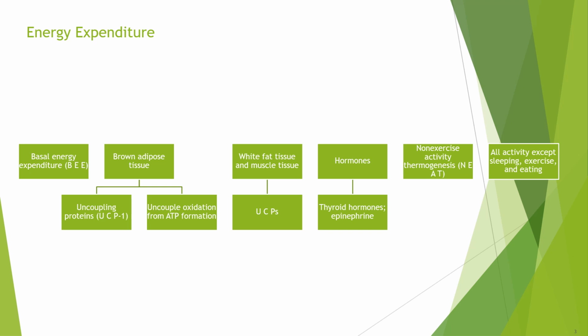They play a crucial role in thermogenesis by uncoupling oxidation from ATP formation, allowing energy to be dissipated as heat instead of being stored as ATP. And then we have white fat tissue and muscle tissue. The white fat tissue primarily stores energy as fat, whereas muscle tissue is involved in movement and metabolic processes.